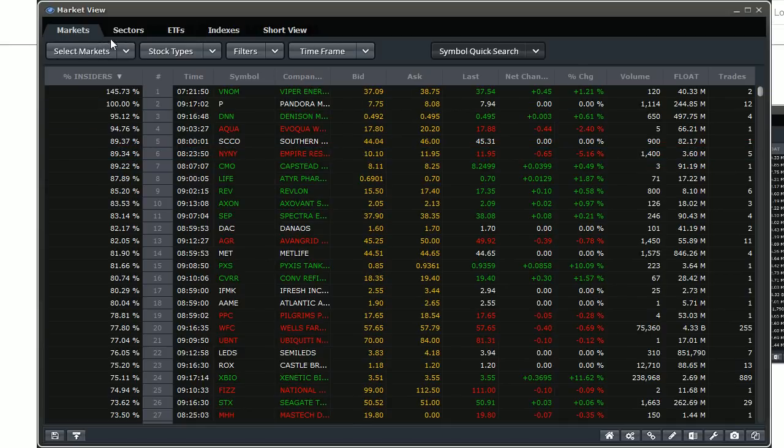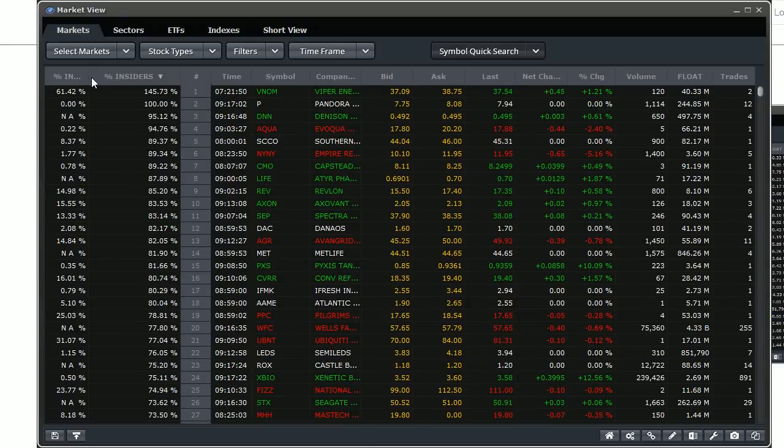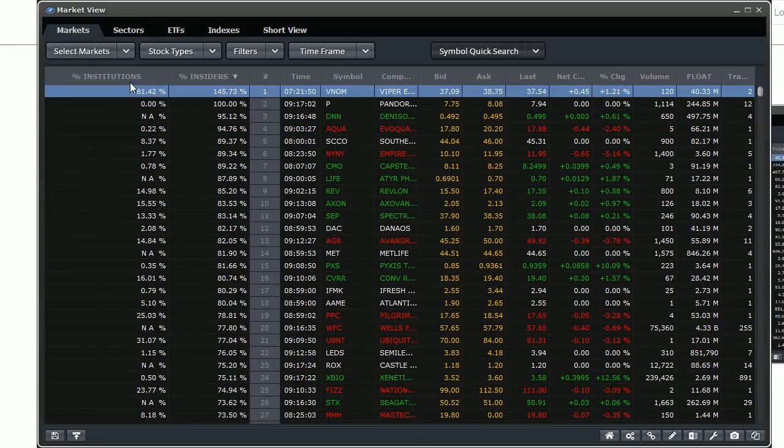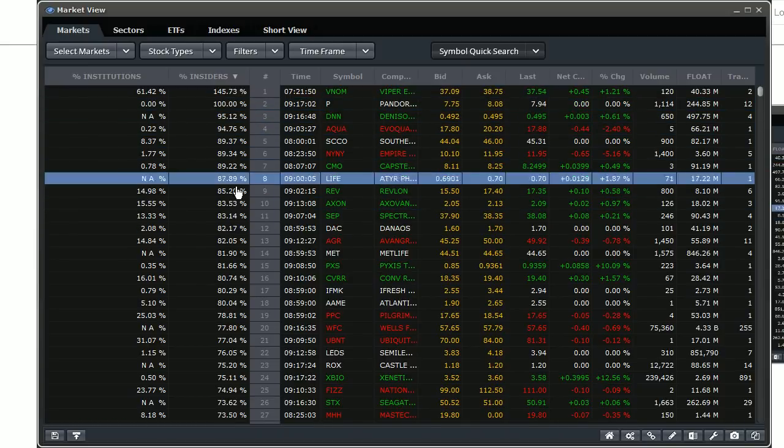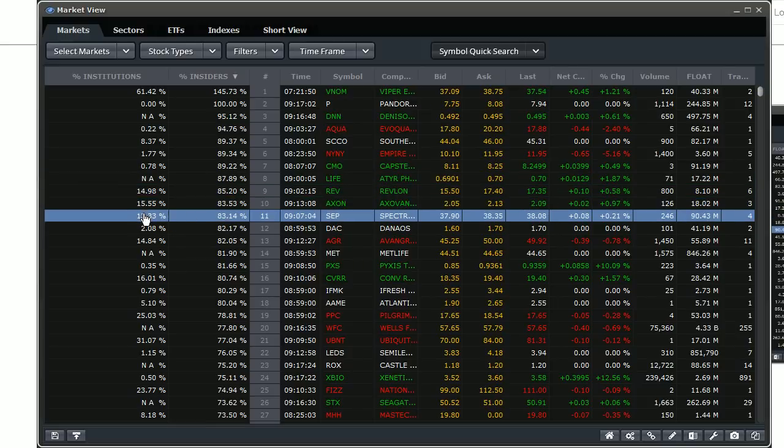But I said institution. We can look at institutions too. We can add in institutional support too. In fact, let me insert that column and I can show you. Percentage institutions. So we can add in percentage institutions. Now, not only do I see my high insiders, I can find out, okay, insiders love the stock, do the institutions love the stock?